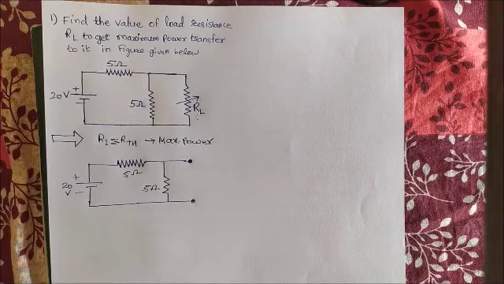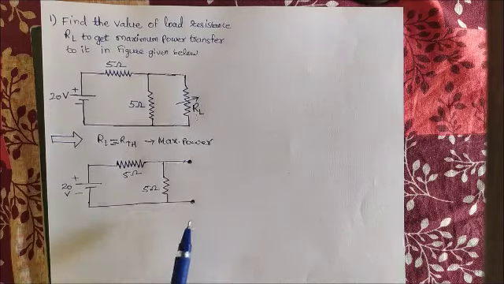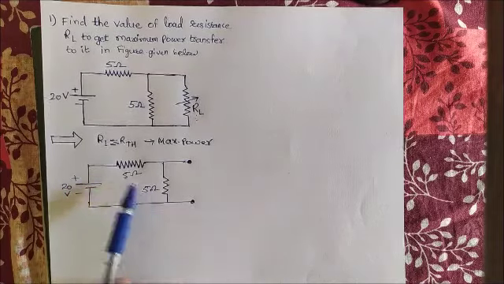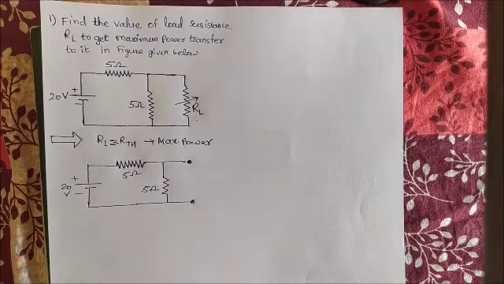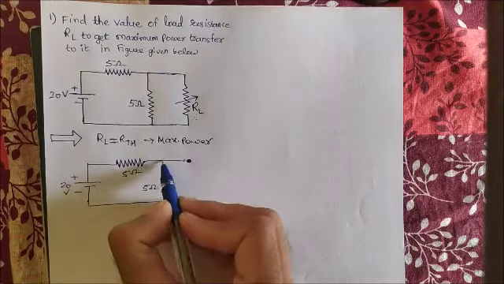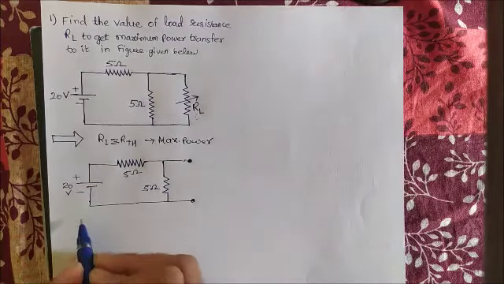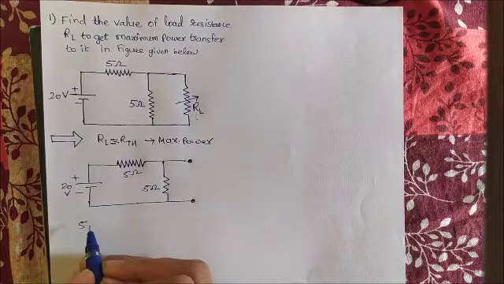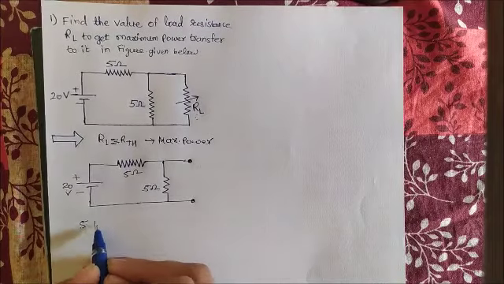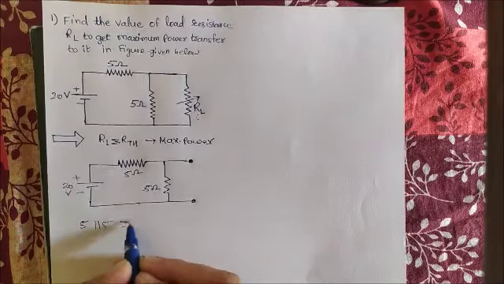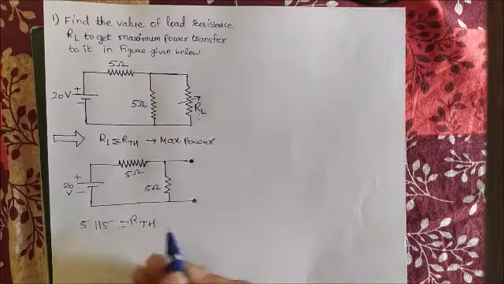So how to find that? After open circuiting this RL, you are seeing that these 5 ohm resistances are connected here, and these 5 ohm resistances are in parallel with each other. So 5 parallel 5, this will be your RTH.